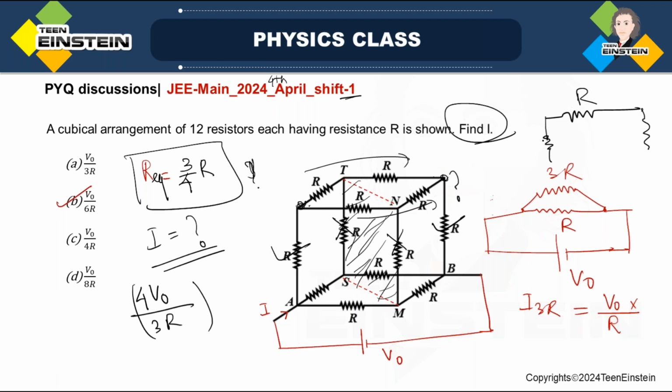So basically you will have 3R on the upper branch. Look at this plane: out of these 4 resistances, we have these two in series and these two in series, so 2R. From here also I'll get R. So basically I'll get the equivalent resistance as I had solved yesterday.